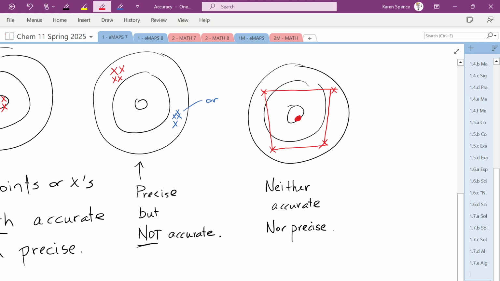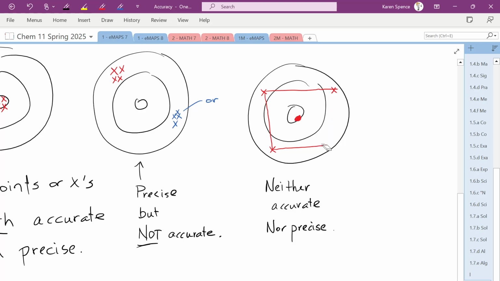About there? I'm not very good at drawing. I could have drawn it better. But that particular one would be accurate, but not precise. So we don't want that.